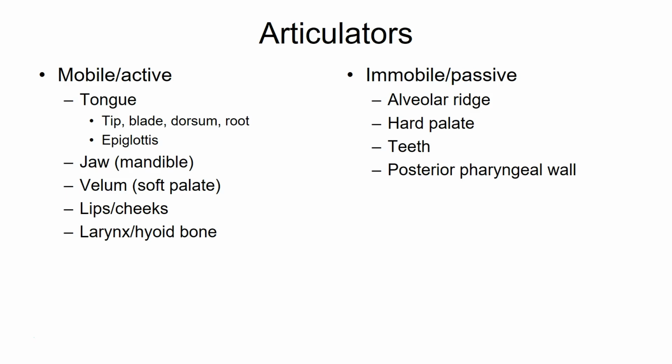And then we have the larynx and the hyoid bone that can be used in articulations for some speech sounds. For our passive articulators, we have locations like the alveolar ridge at the front of the oral cavity, the hard palate, the superior middle part of the oral cavity, the teeth, also at the front of the oral cavity, and the posterior pharyngeal wall at the back of the pharynx.